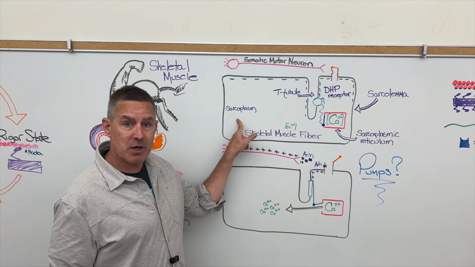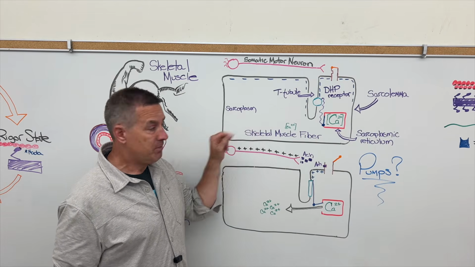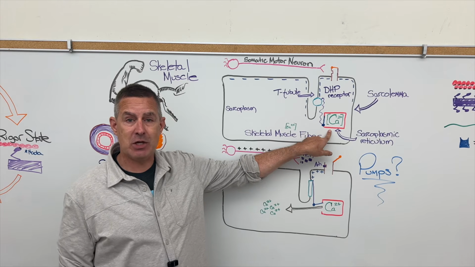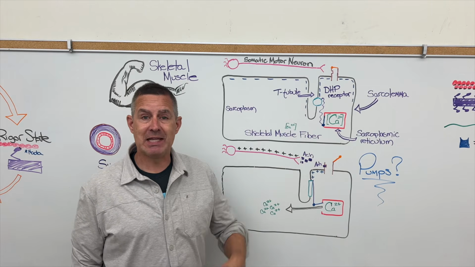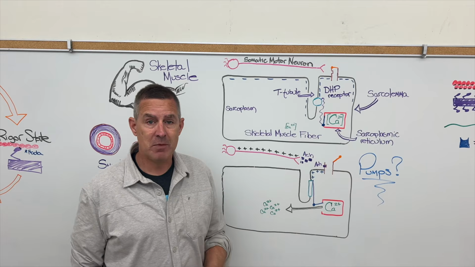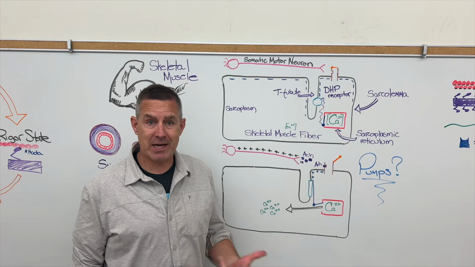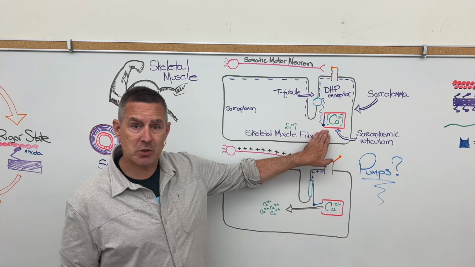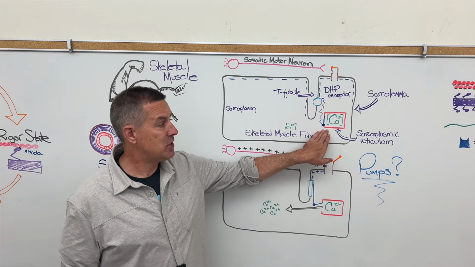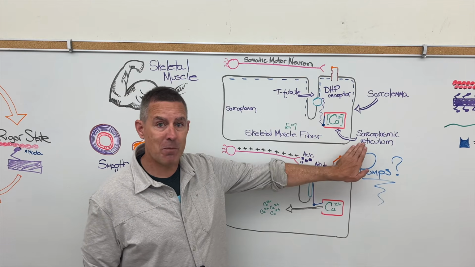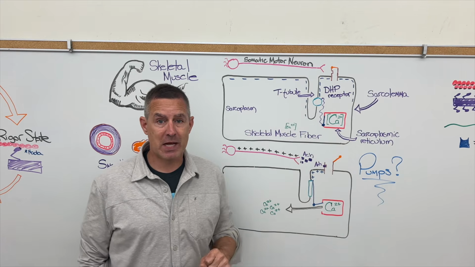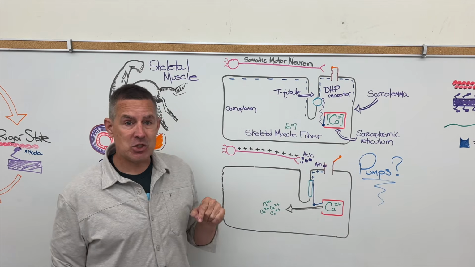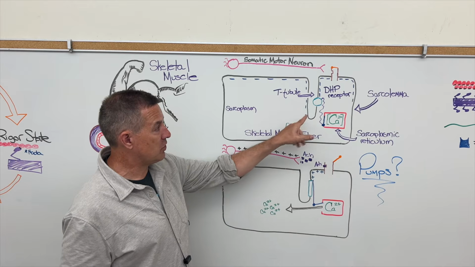The cytoplasm of a muscle fiber is the sarcoplasm, and there is an organelle within skeletal muscle fibers known as the endoplasmic reticulum, specifically the smooth endoplasmic reticulum that is found in other cells in the body, not just skeletal muscle fibers. But the smooth endoplasmic reticulum in skeletal muscle fibers is referred to as the sarcoplasmic reticulum, and the sarcoplasmic reticulum stores calcium.